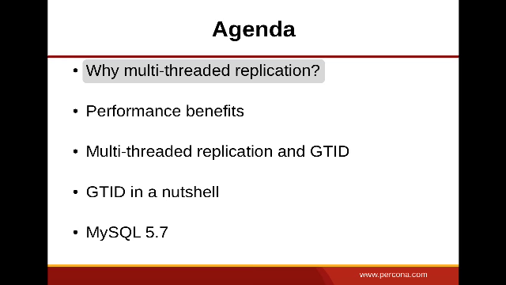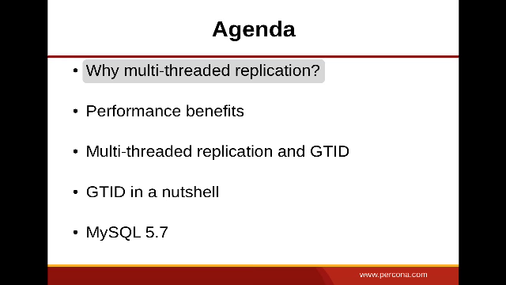Then we'll see the performance benefit that you may expect from that feature. Then we'll take a look at some day-to-day routine DBA stuff, for instance, how multi-threaded replication works with GTID, and a few other things like that. And we'll also take a look at the new features of MySQL 5.7 regarding multi-threaded replication.